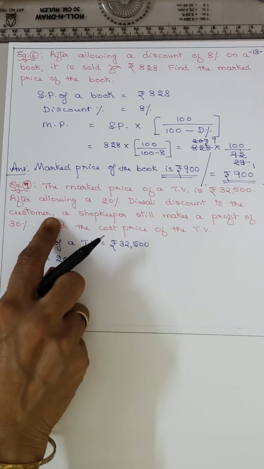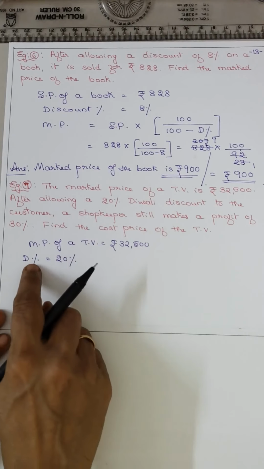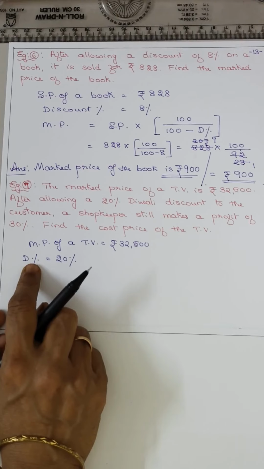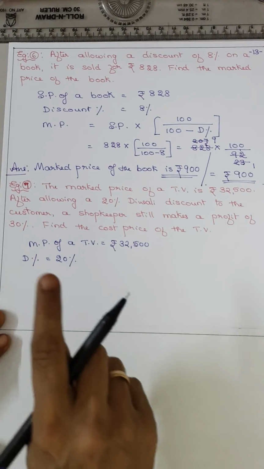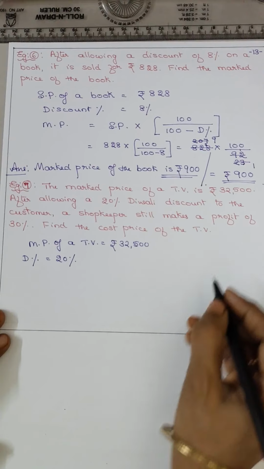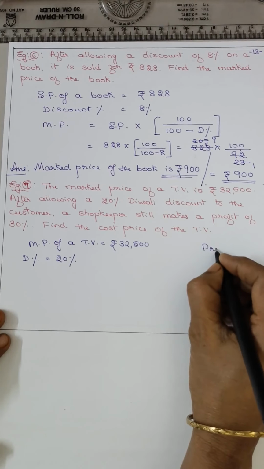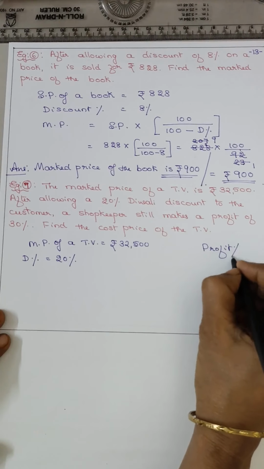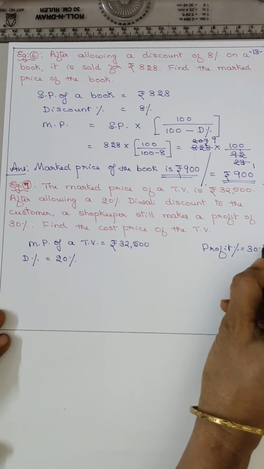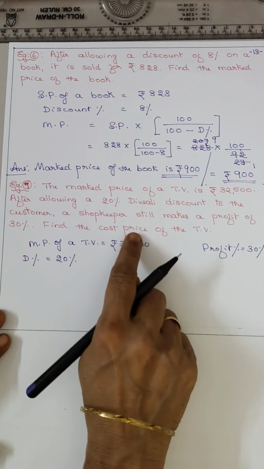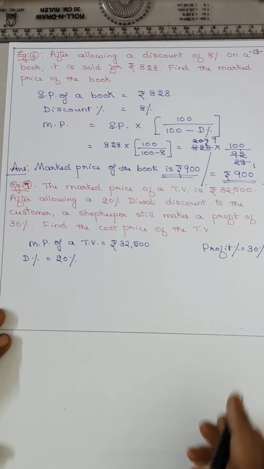But now in the question they are telling, even if he gives the discount percent of 20%, he still makes a profit percent of 30%. Find the CP, cost price of the TV.